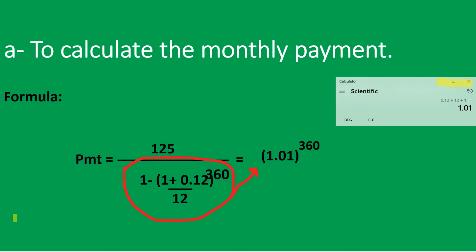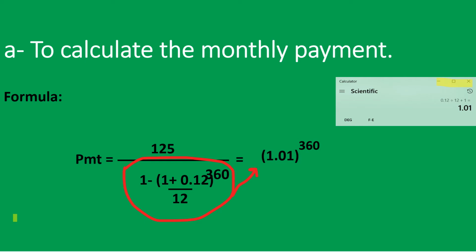According to the formula, the interest rate 0.12 is divided by 12 months, and when I also multiply the months by year, it's 360. Once I divided 0.12 interest rate by 12 months plus 1, the answer is 1.01, and you will see the 360 months. Now we're going to multiply 1.01 360 times.